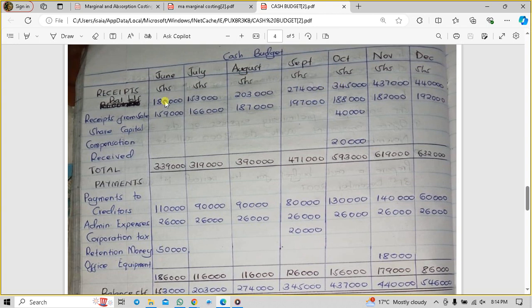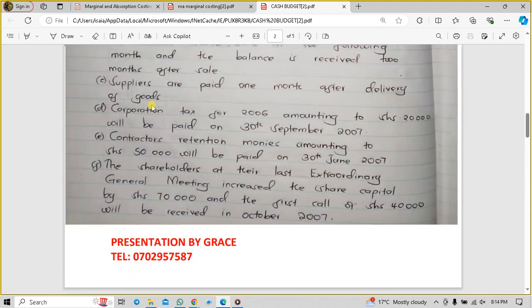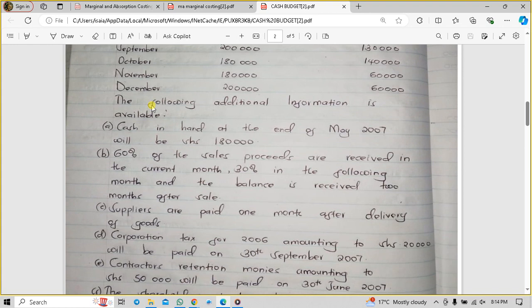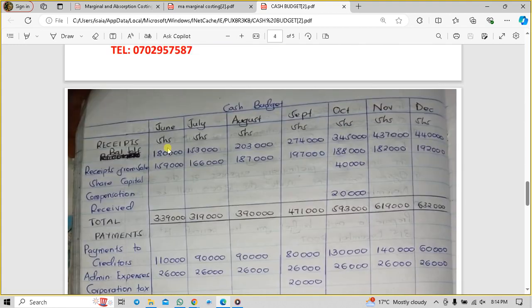So we are going to start with something that you had been told. Cash in hand at the end of May 2007 will be 180,000. So this cash in hand at the end of May 2007 will be the opening balance in the next month. So May, June. So this 180,000 will be our opening balance in the month of June.